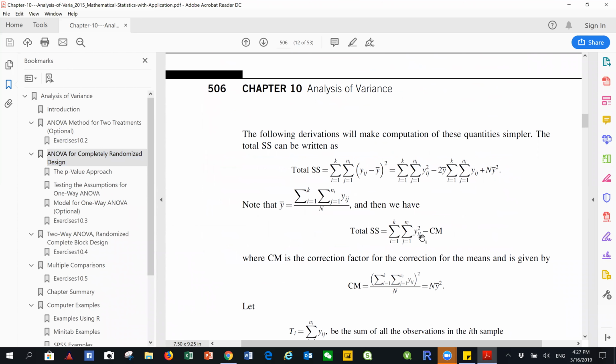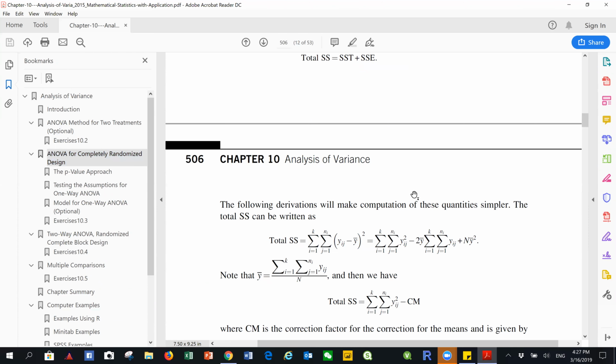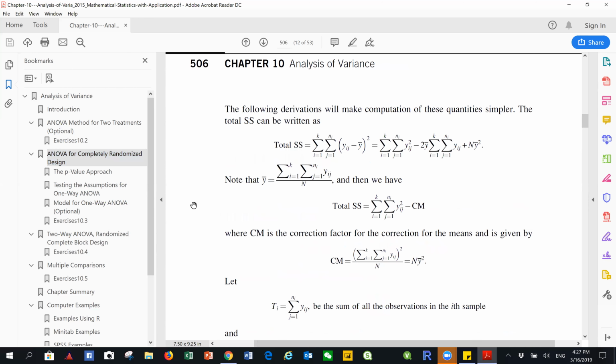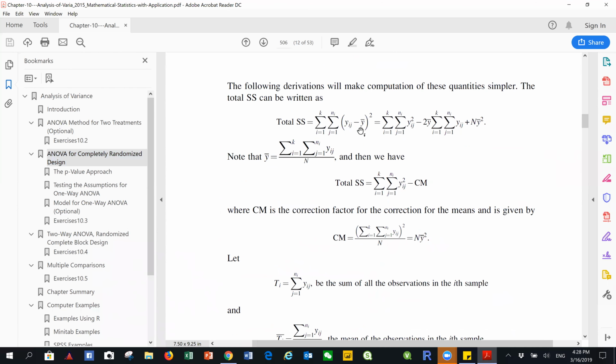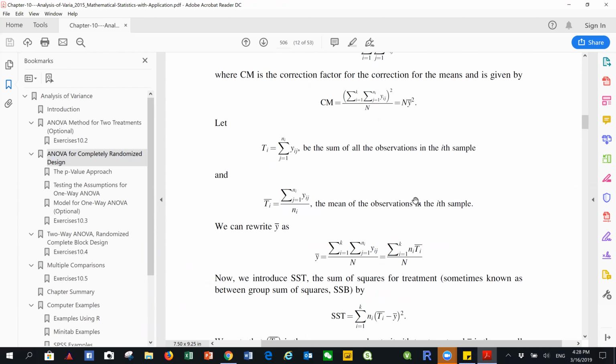So SS total is the total sum of squares. The total sum of squares is actually the sum of the squares of the distances of the y from the mean. Okay, and that's the total sum of squares.